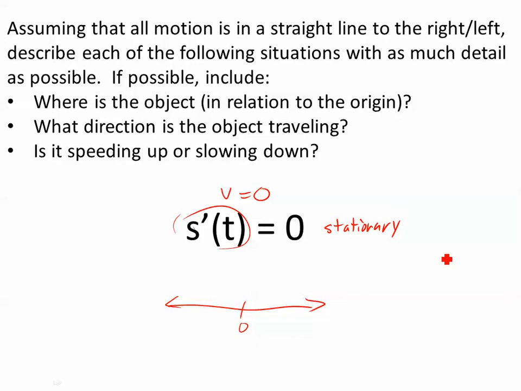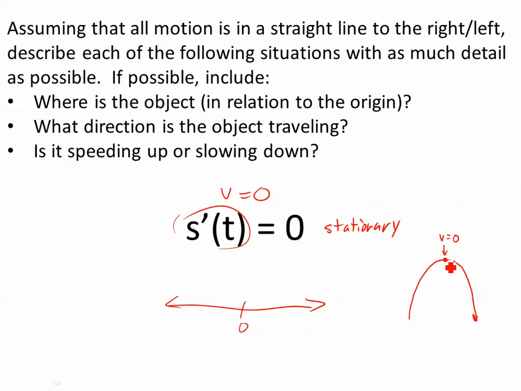Let me give you an example. When a ball is thrown up in the air, what happens as it gets closer and closer to the top? It slows down, it slows down, it slows down, and then at the top, if you're throwing it straight up in the air, its velocity is 0 for that instant.